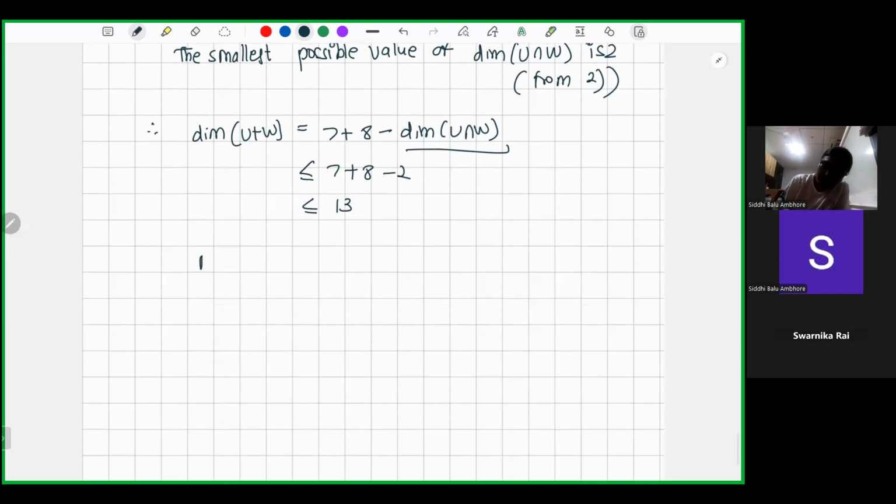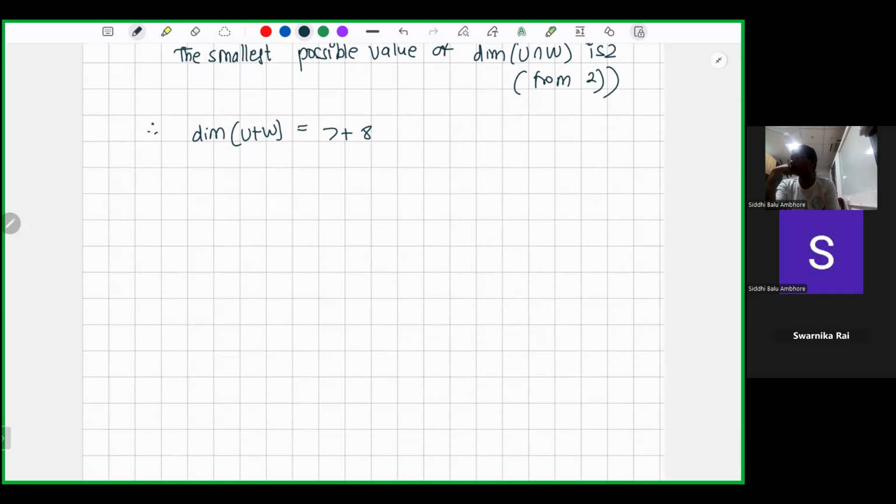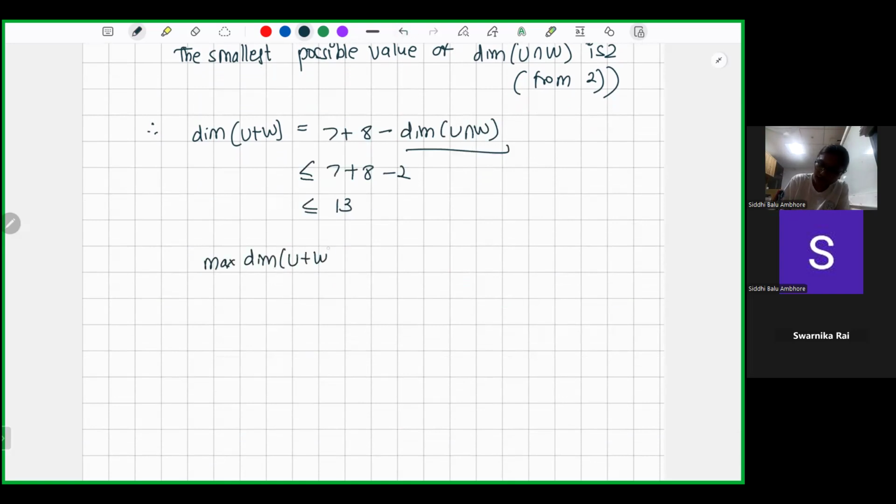So in general, the maximum of the dimension of U plus W will be the minimum of 7 plus 8, comma, dimension of V. It has to be the minimum between these two.